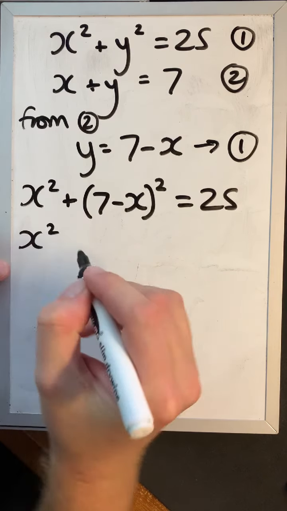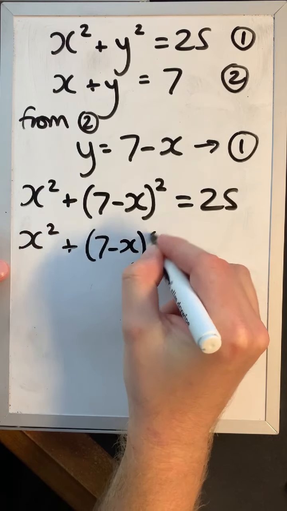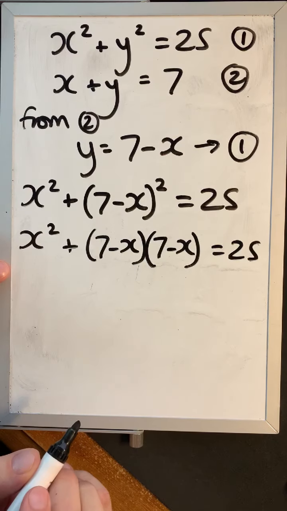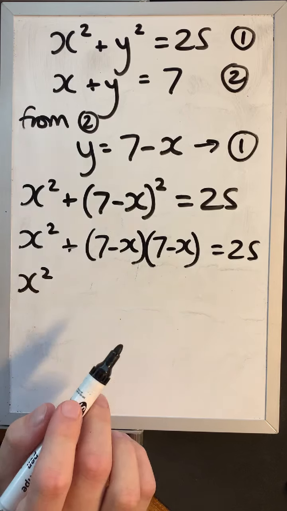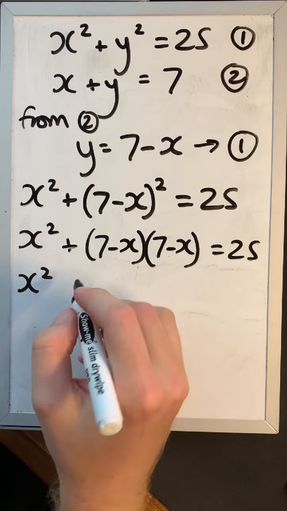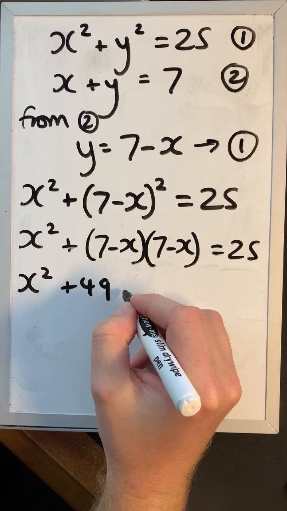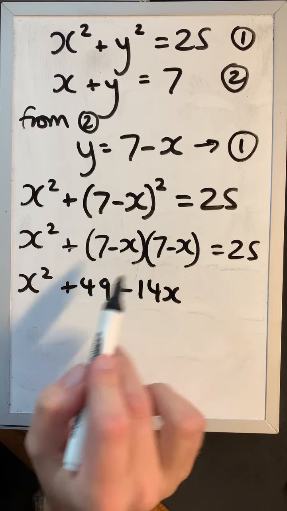So x squared plus, of course, this bracket squared is 7 minus x times 7 minus x. And now we want to multiply this set of brackets out. So what we get then is 49 minus 14x. So 49 is 7 times 7.